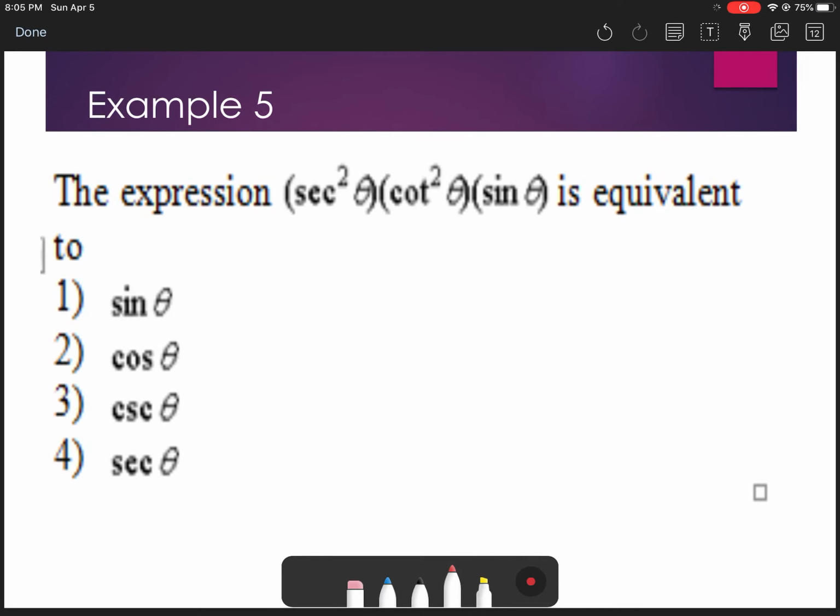Okay, number 5, we have here secant squared of theta. We're going to rewrite that as 1 over cosine squared of theta. Cotangent is going to be written as cosine squared of theta over sine squared of theta. Okay, times sine theta over 1.